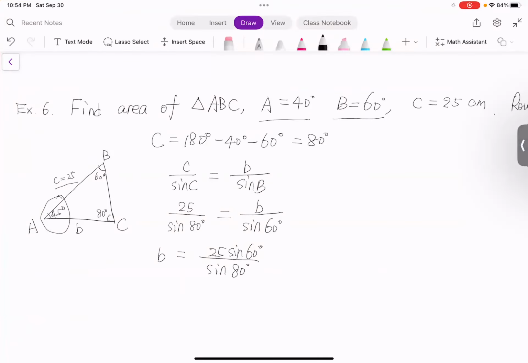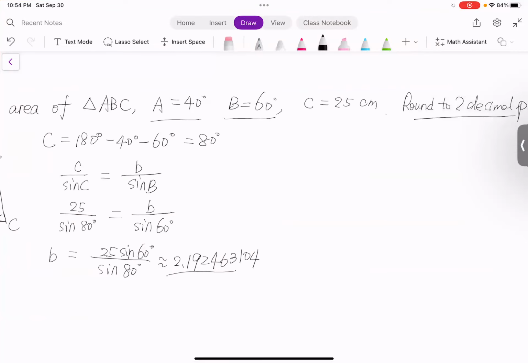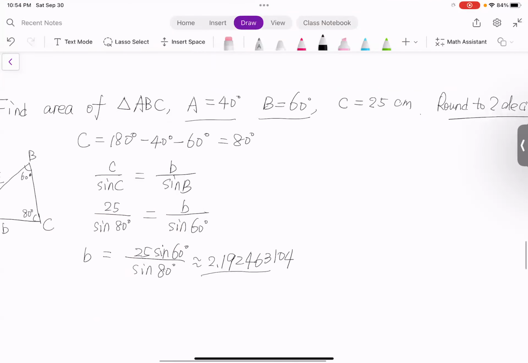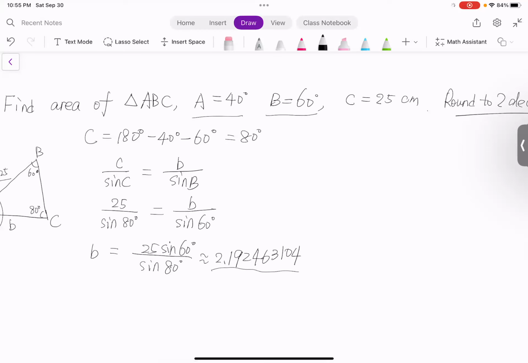Why am I keeping this? My question says round to 2 decimal places, and that's the final value. But B is not the area. So this is one step on the way to the final step, which means I had better keep as many decimals as I can.